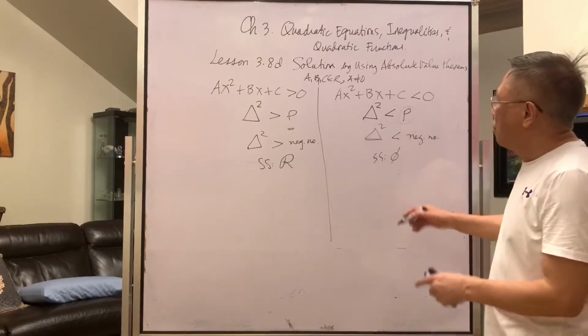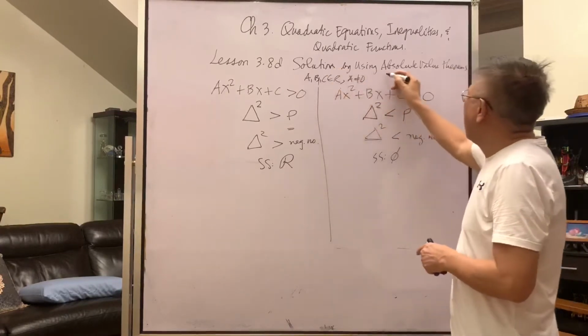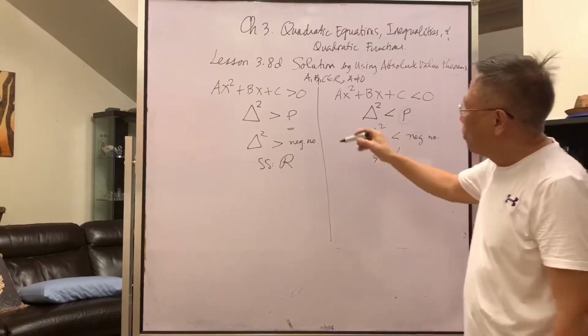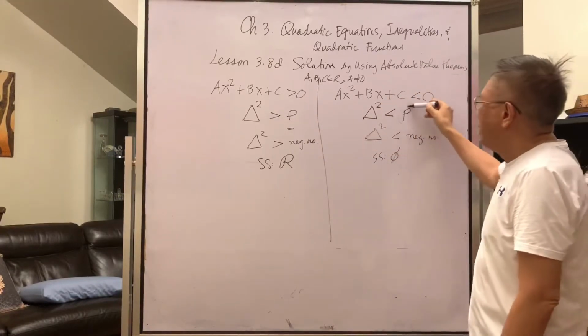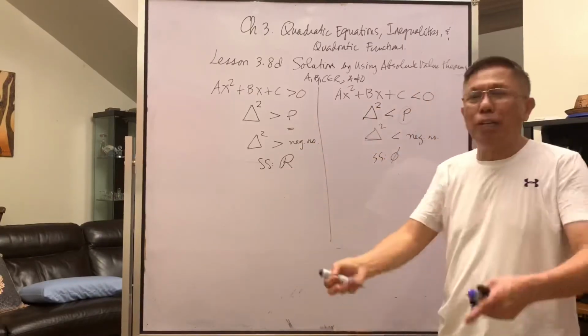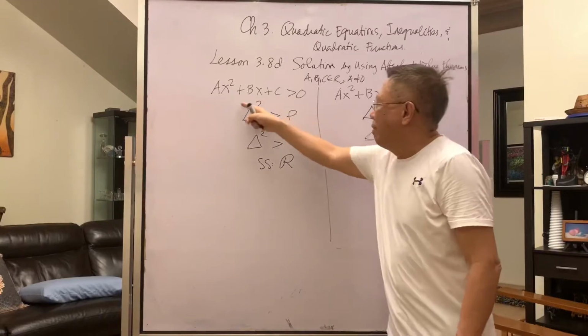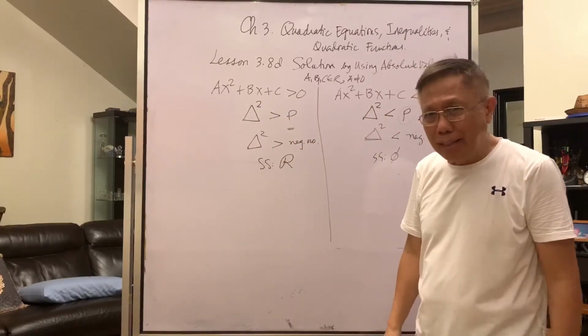So, to apply solution using absolute value theorems, we have to make sure that what we arrive at here will be positive numbers so that we can proceed in using absolute value theorems. Okay?